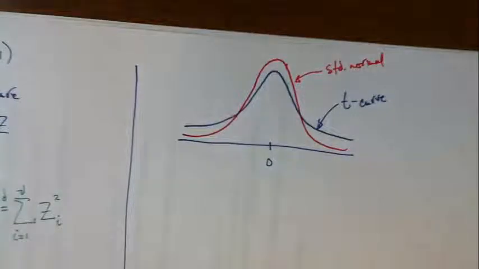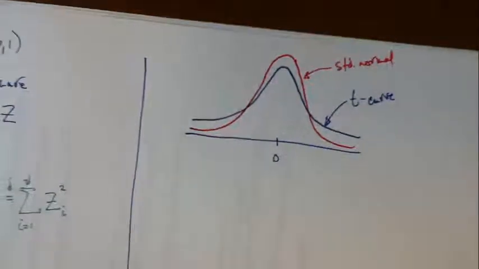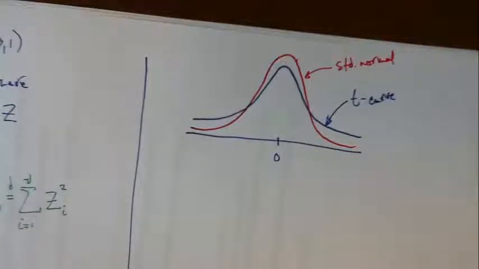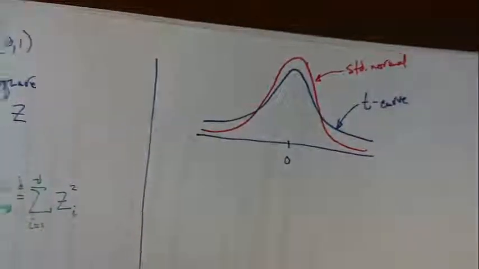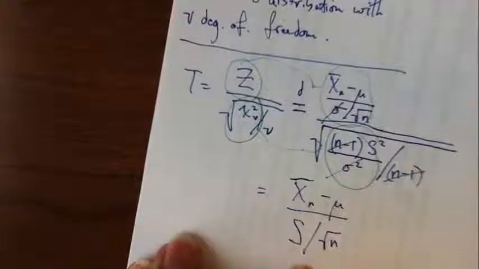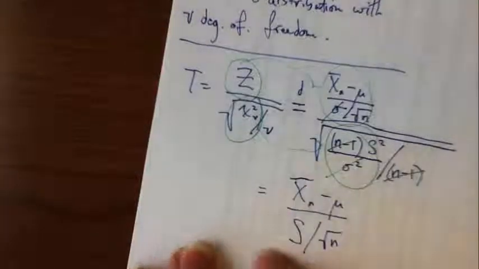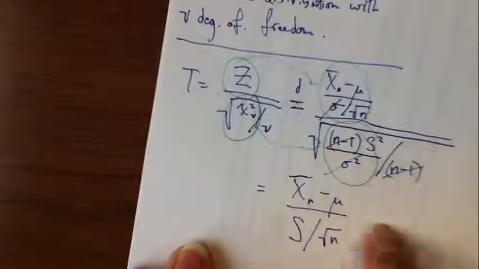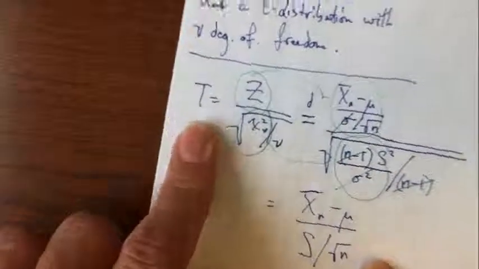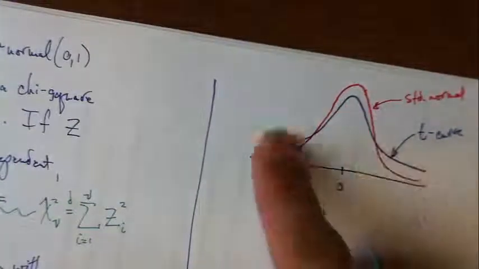So this is another way, maybe in a sense a better way, to standardize the random sample mean if you're sampling from a normal distribution. If you're sampling from a normal distribution, we know that this quantity is going to behave like this T distribution here in blue.